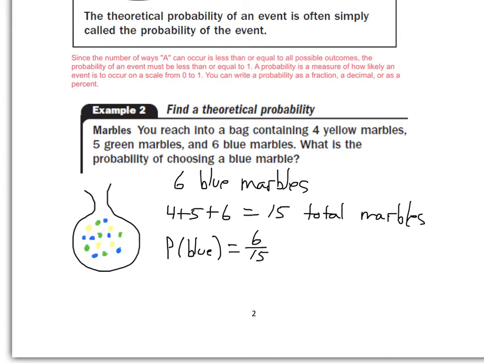If we reduce this fraction by dividing both the top and bottom by 3, we get 2/5, and we can use a calculator to convert that to a decimal, which is 0.4, or move the decimal 2 spots to the right to write it as a percentage, 40%. We can express probabilities as fractions, decimals, or percents. So any of these answers would be considered correct.